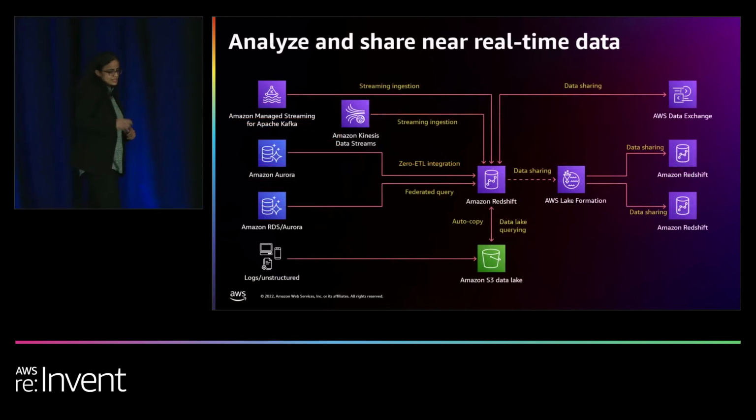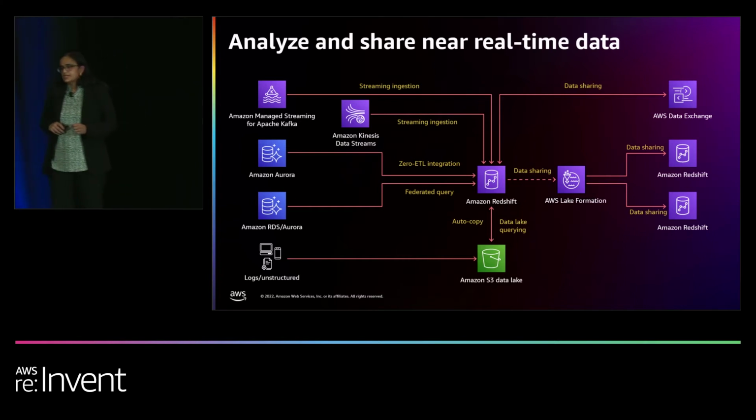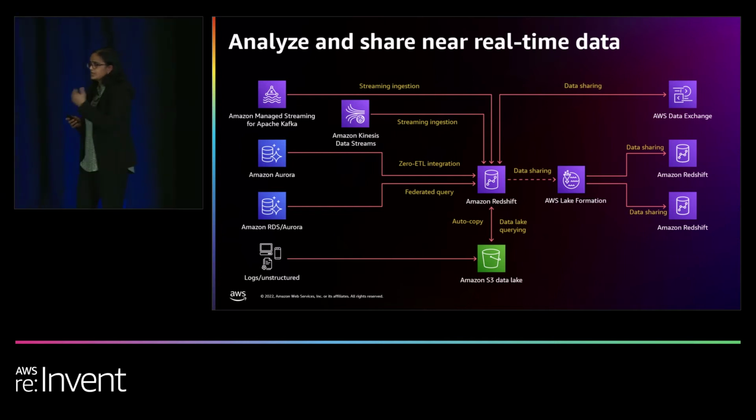The other use case, a very common use case that we see emerging, is being able to use and share near real-time data. So the idea is, within Redshift, you are able to integrate data from Aurora, but Redshift also can support streaming ingestion. So you are able to bring data from streams. Redshift can query data from data lakes, so you have the data lake data.